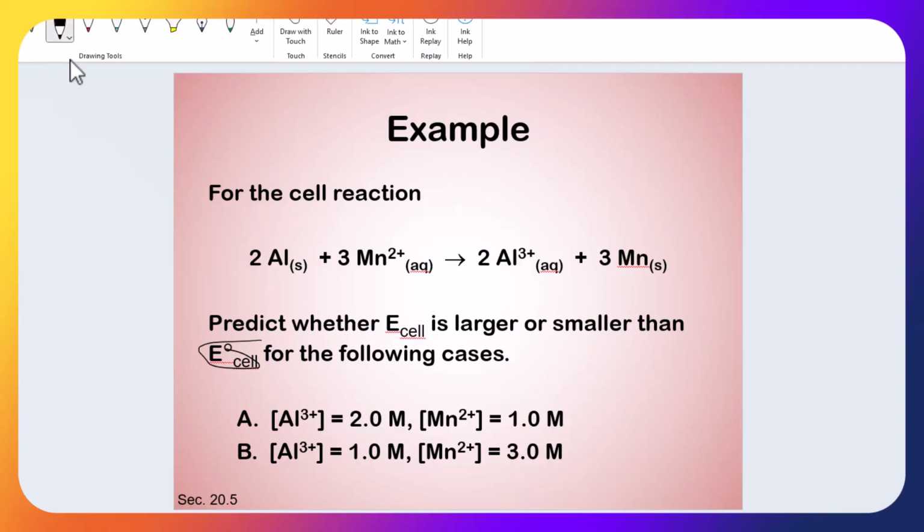Okay, under standard conditions, this concentration is 1 molar, and this concentration is 1 molar.